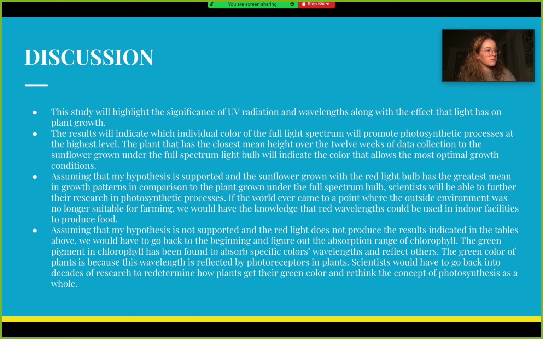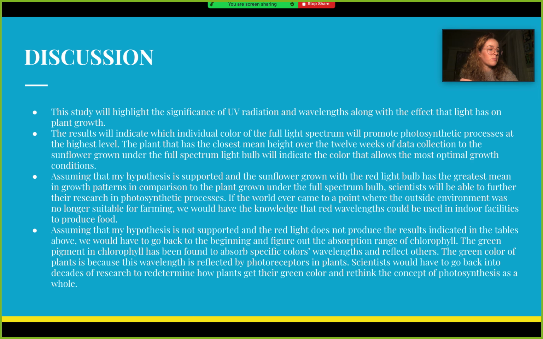Previous studies have shown that red light contributes to the buildup of carbohydrates on plant leaves. As we know, carbohydrates are a great source of energy, and these carbohydrates that are built up on the leaves can be converted into energy for growing purposes. This contributes to the hypothesis by providing the evidence that red light is the greatest contributor of energy for plants.